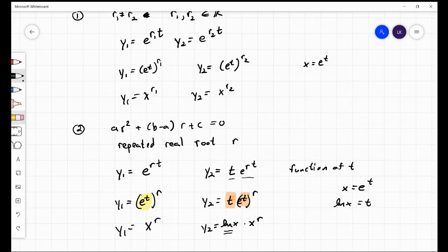So that's where that mysterious log of x came in. That factor, we have to use to get the second linearly independent solution for our Cauchy-Euler equation in the case of a real repeated root.